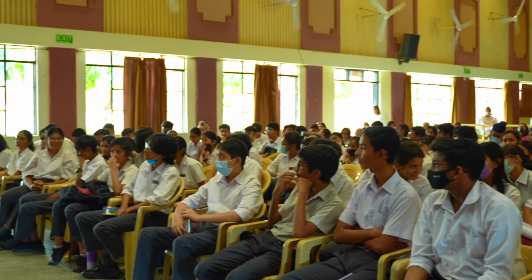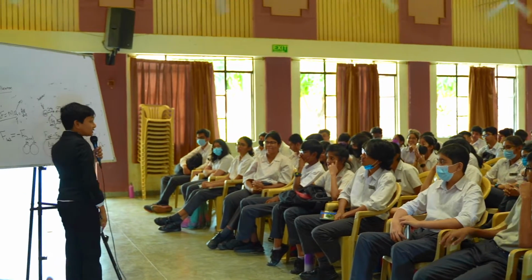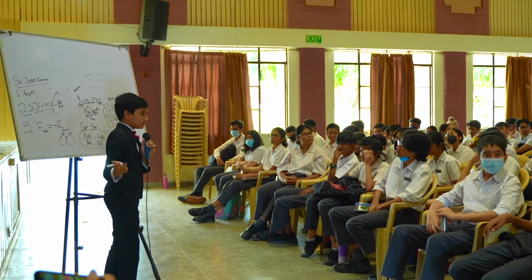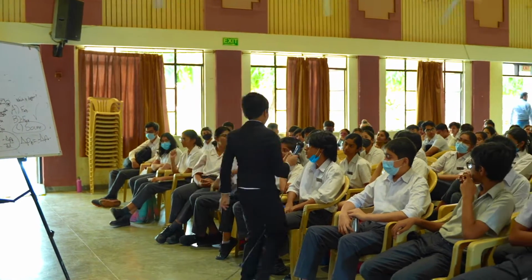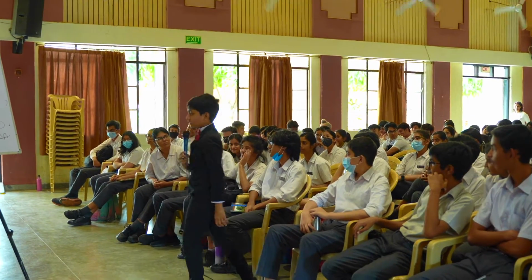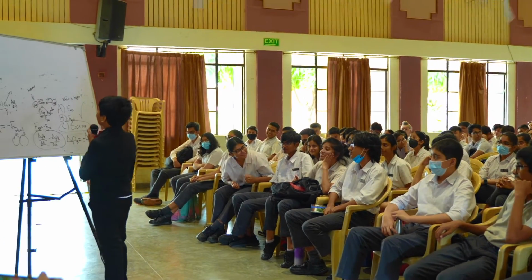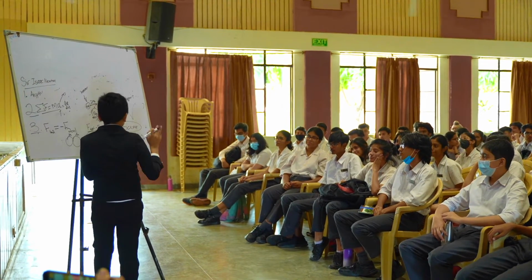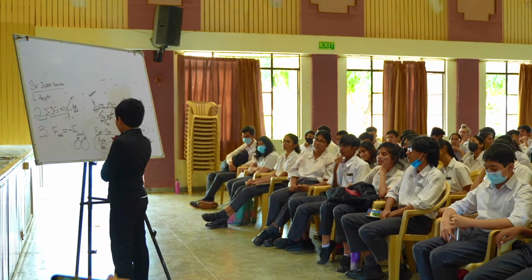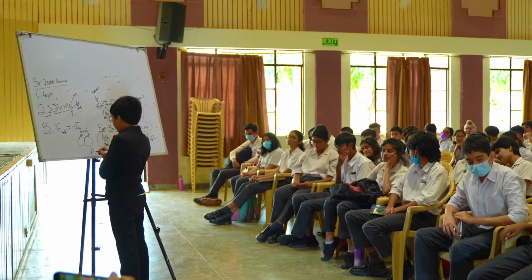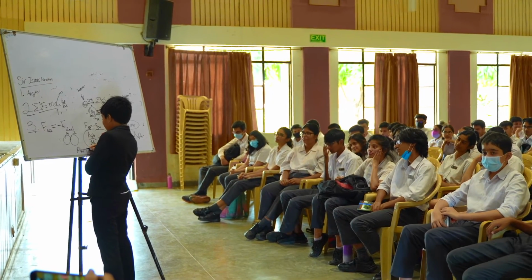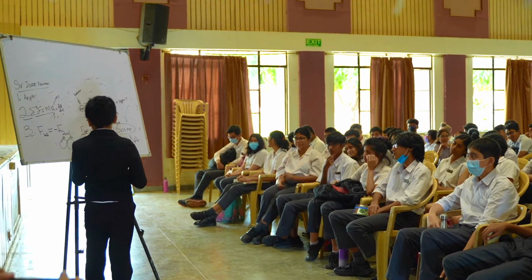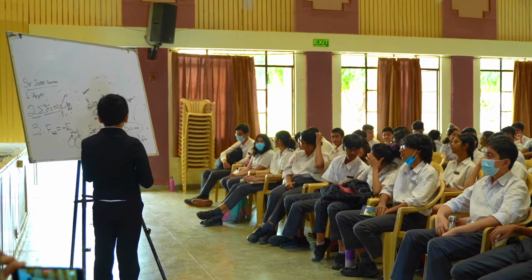Can anyone tell me how to expand this? How can we expand delta P_B? We can do it that way, but another way to do it is this. Delta P_B is P_B final minus P_B initial, because it's the change in momentum, so it's the final momentum minus the initial momentum.